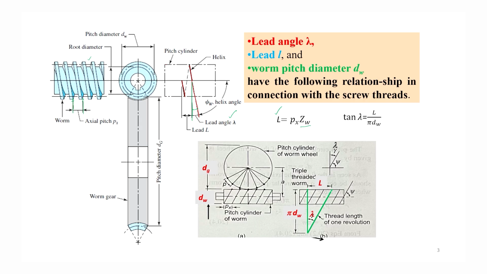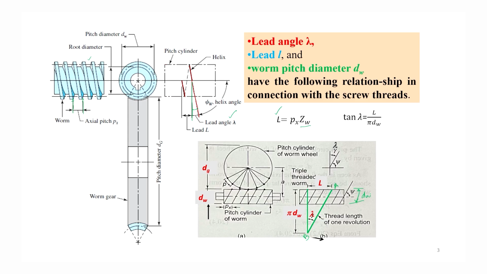The lead angle is obtained by expanding the screw. This line AB is the thread length of one revolution, and this one is pi dw, where dw is the pitch circle diameter of the worm.